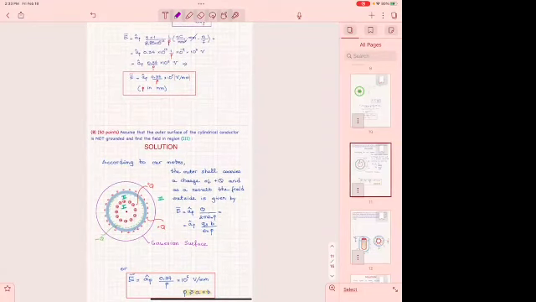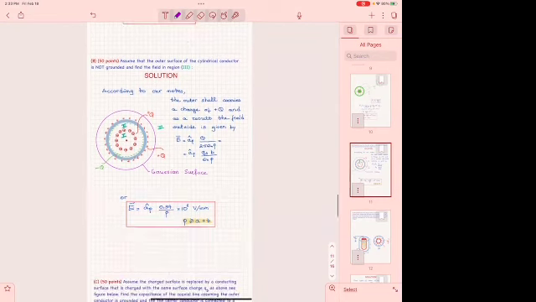Now, in this particular one, look what the question was. Assume that the outer surface of the cylindrical conductor is not grounded, and find the field in region 3. So if it's not grounded, we said that you're going to have all of these positive charges. The positive charges are going to distribute evenly.